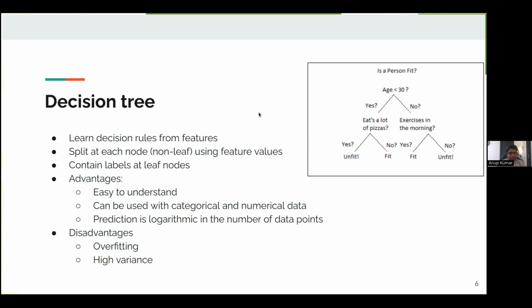These are simple decision rules. And a decision tree works for both categorical data and numerical data. Categorical data is, for example, when you have different categories in a feature. Numerical data is like values of temperature, for example.